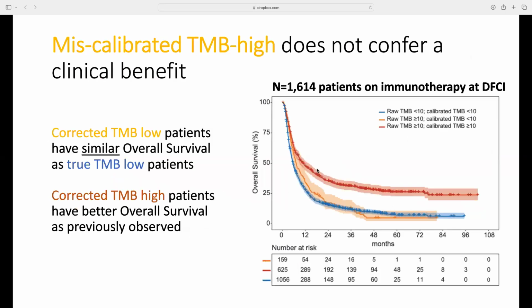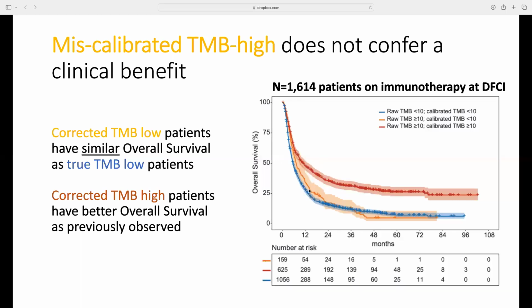Now, when we ask what happens to individuals who were initially called as TMB high from the tumor, but then were recalibrated as TMB low, what does their survival look like? Those individuals are shown here in orange. So they had a raw high TMB estimate and then were corrected to TMB low.